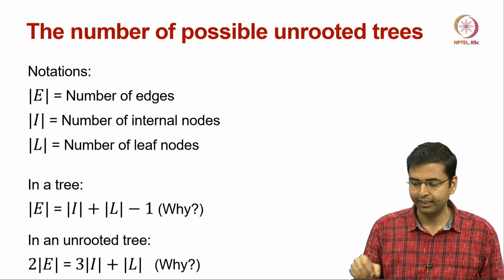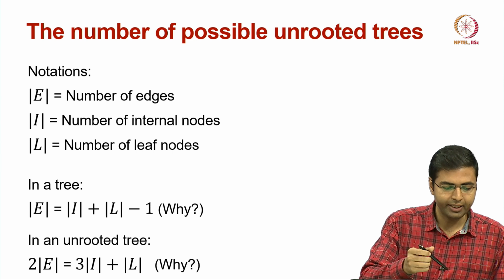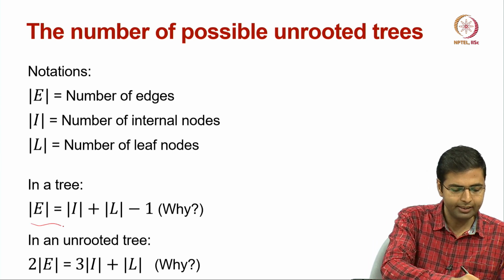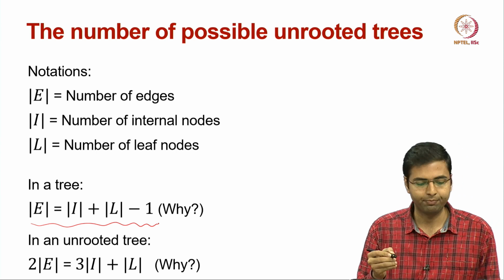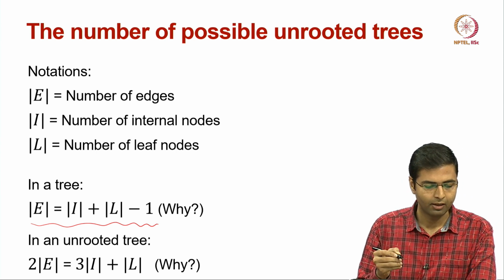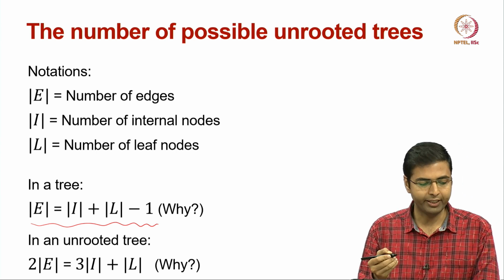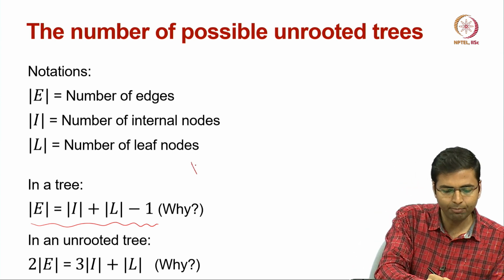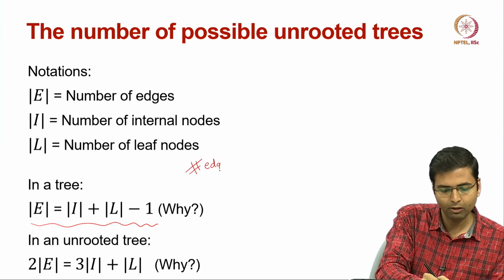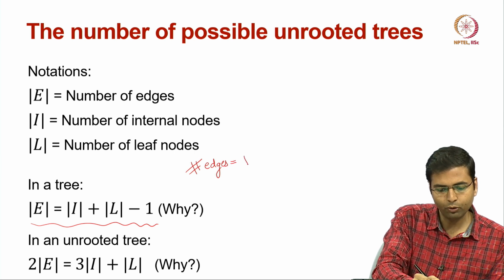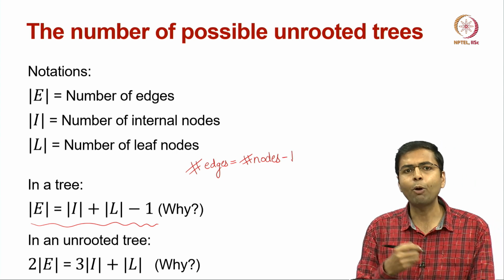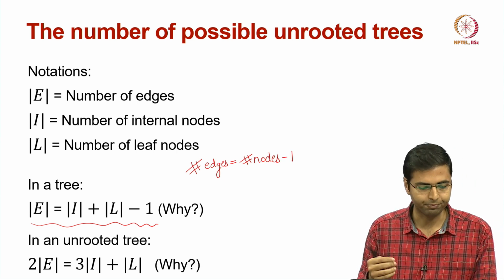In a tree, observe that the number of edges is the number of nodes minus 1. This is a fundamental property of a tree, and it is easily proven by induction.